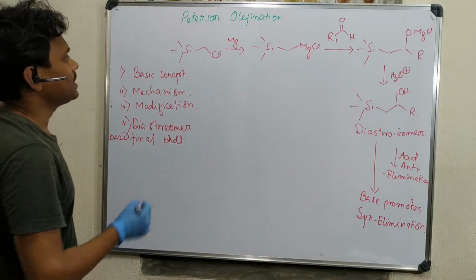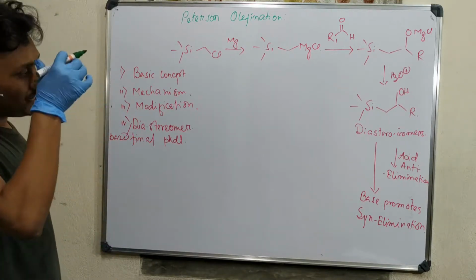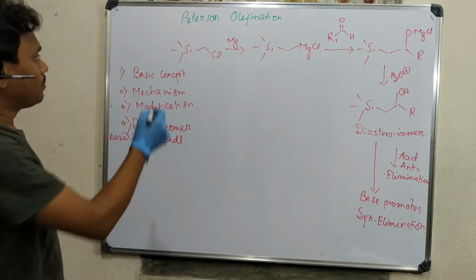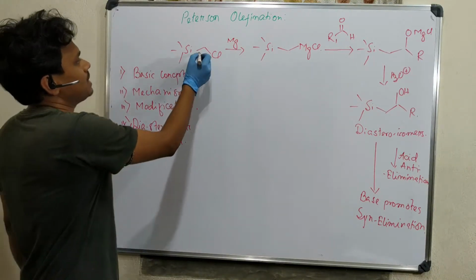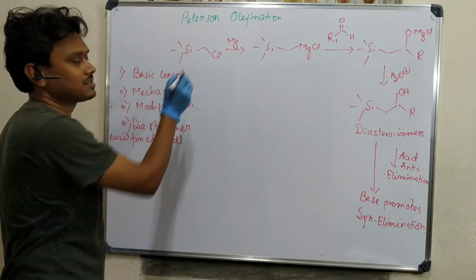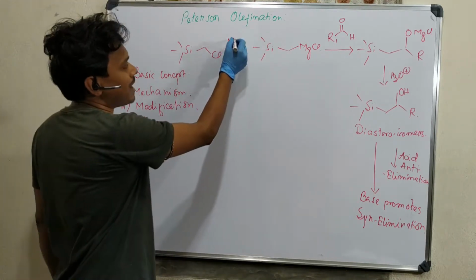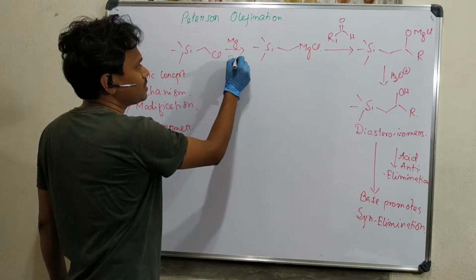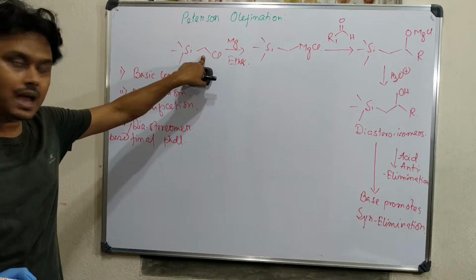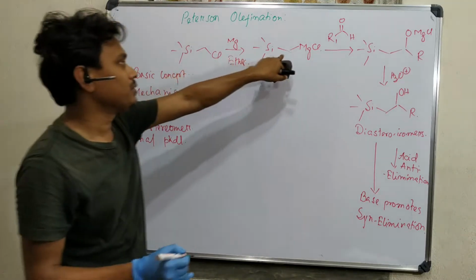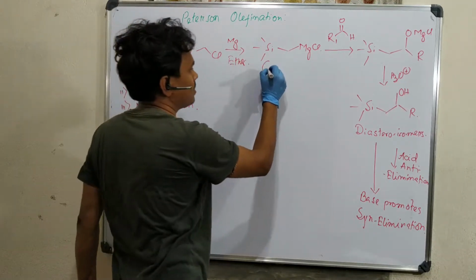Okay, so what happens? The reaction is an alkene preparation. But how does the process occur? First, α-silyl chlorides are taken and reacted with magnesium in ether. We know that magnesium reacts with the C-Cl to produce the corresponding Grignard reagent.